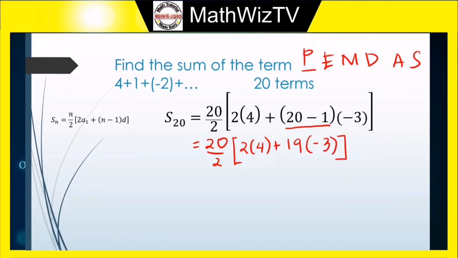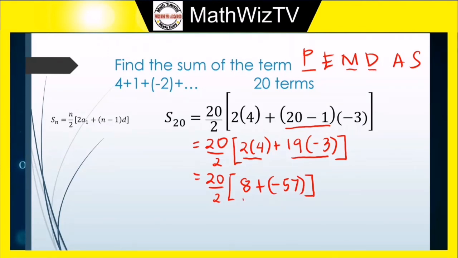And so we're done with our parentheses. Since we don't have exponent, let us now proceed with multiplication. So 20 divided by 2 times the quantity 2 times 4, which is equal to 8, plus 19 times negative 3, which is equal to negative 57.